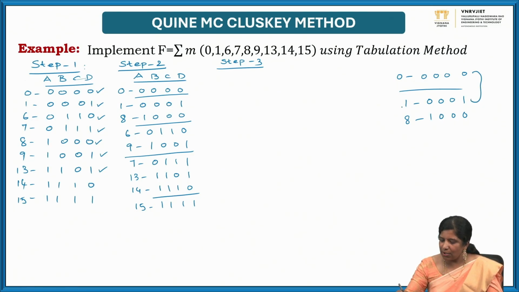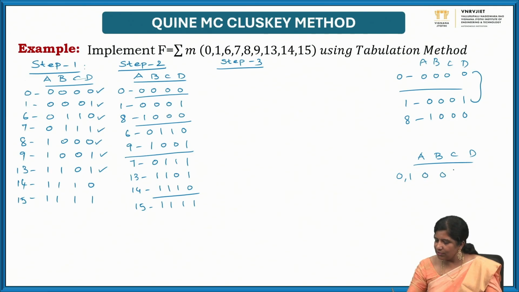If I see 0 and 1, it is differing by one variable. Check here, A, B, C are the same, but D is different. So the term I will get after combining 0 and 1 is A is 0, B is 0, C is 0, but D is changing.